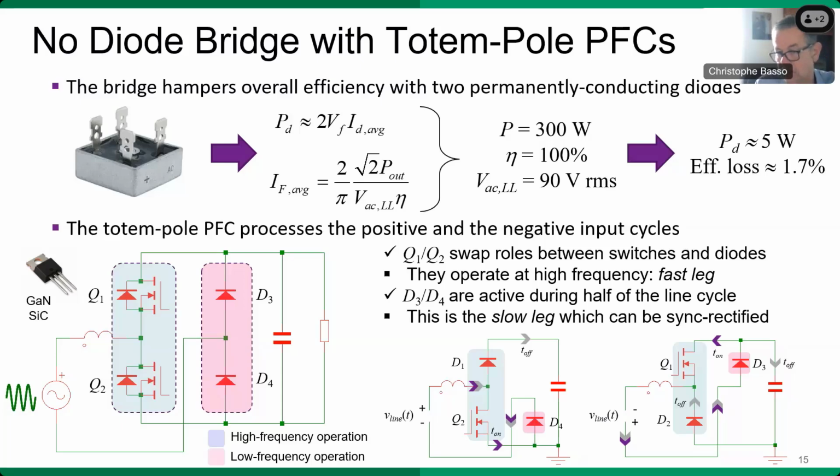You can also have synchronous rectification on this diode bridge, of course. It could be the body diode of a classical super junction MOSFET. When the input polarity reverses, Q1 now switches at high frequency and D2 becomes the control rectifier. D3, in that case, is the low frequency rectifier and conducts during the 10 milliseconds of the negative cycle.